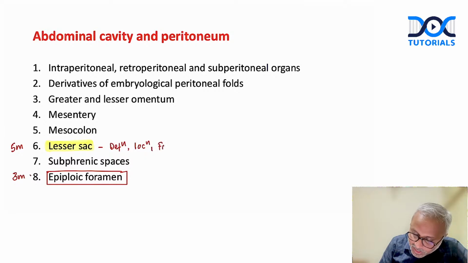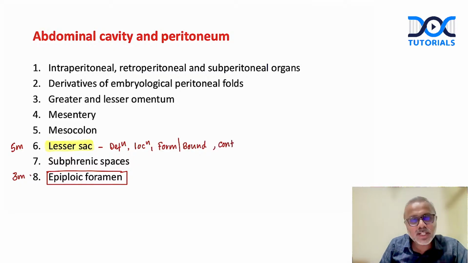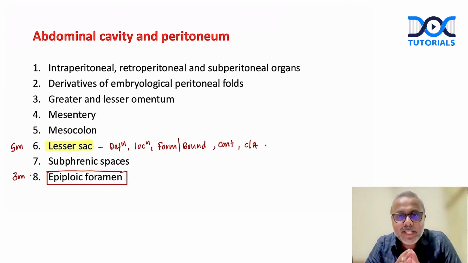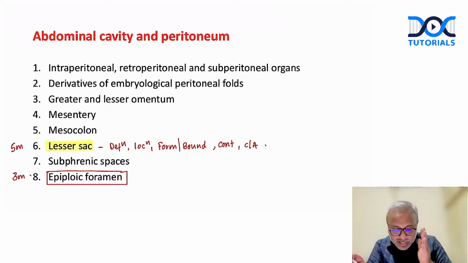Then how exactly is it formed, or we can talk about the boundaries of the lesser sac. Then we can talk about the contents. Of course, it contains peritoneal fluid, and we can talk about the clinical anatomy. We have been stressing from the first episode on the importance of structuring the answer. And if lesser sac is asked, this is how you should answer it.